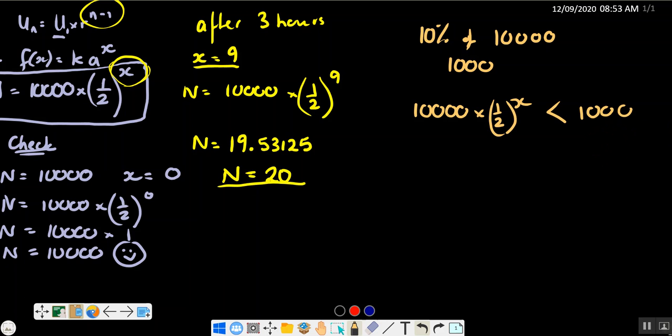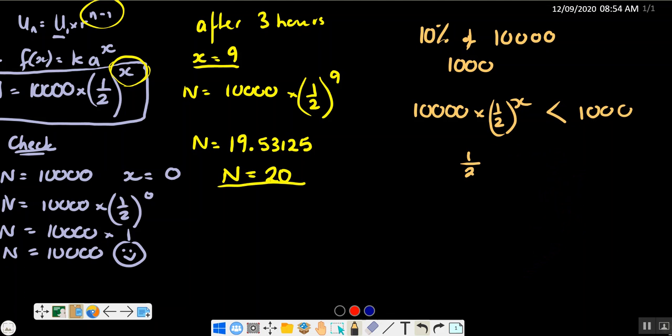Using our inequalities. But you're alright with inequalities because we don't have to do anything special with them, apart from make sure our final answer is right. Okay, so what do we do? Well, you could divide both sides by 10,000.